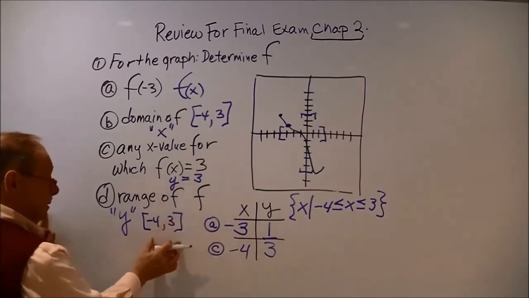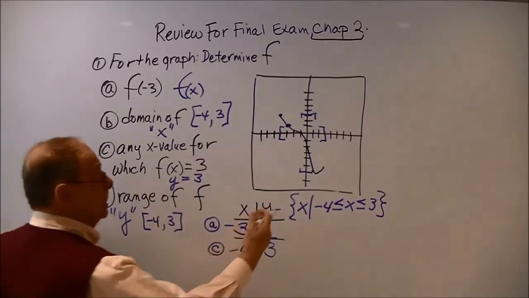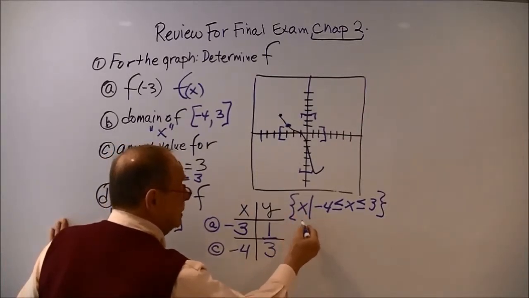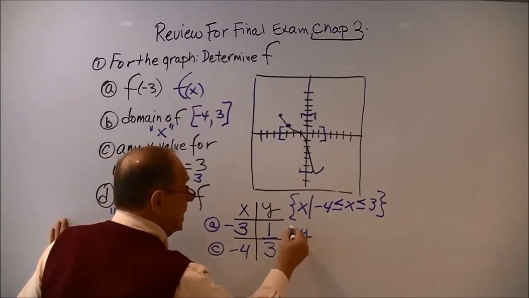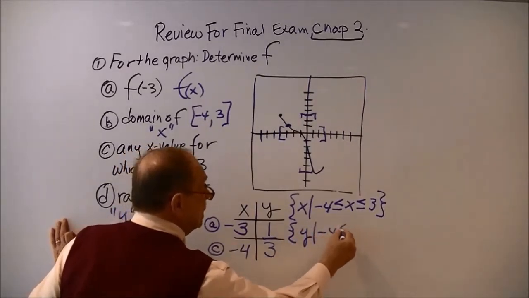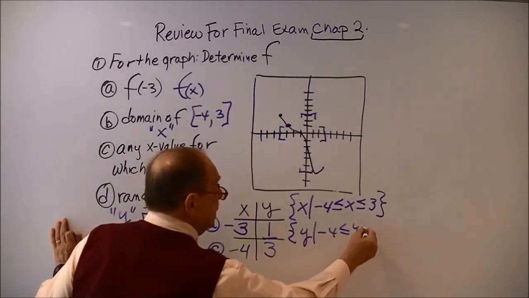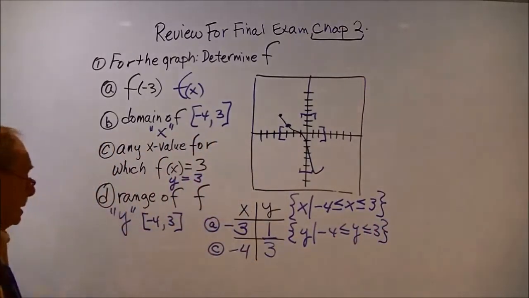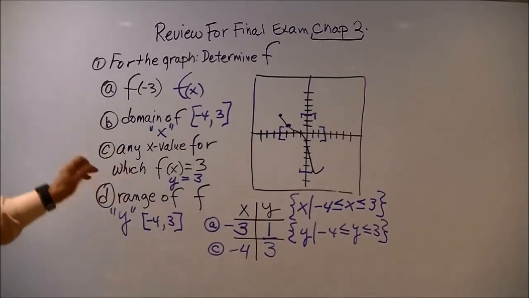And both of these are included. And in set builder notation, the only thing we have to change here is the letter y. y such that -4 is less than or equal to y less than or equal to 3. Okay, lots of stuff that we reviewed in just that first one right there.